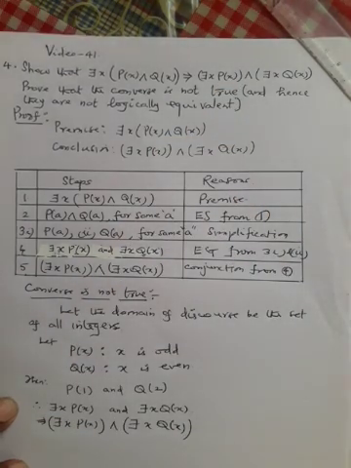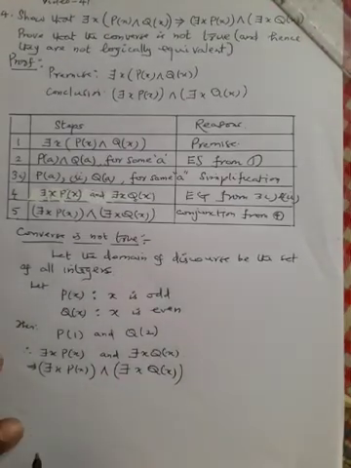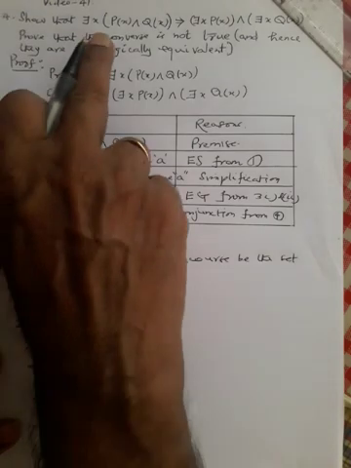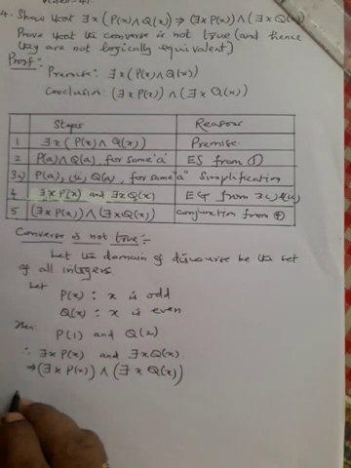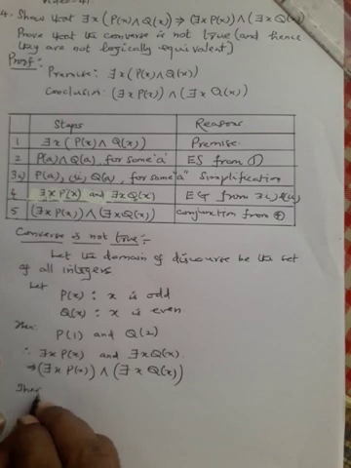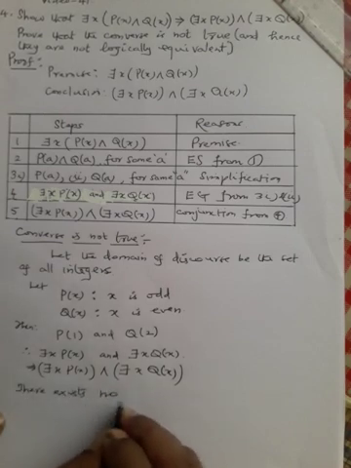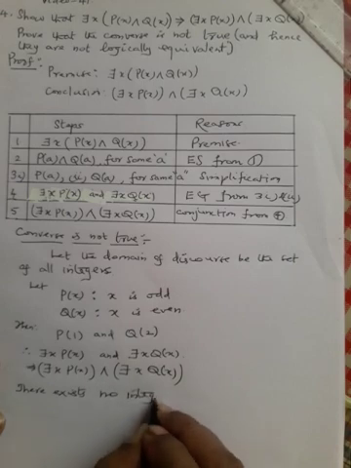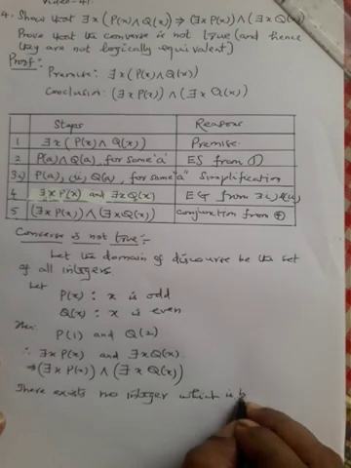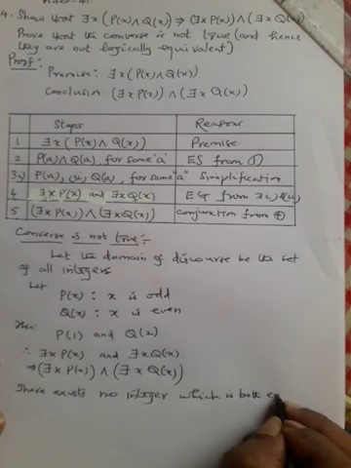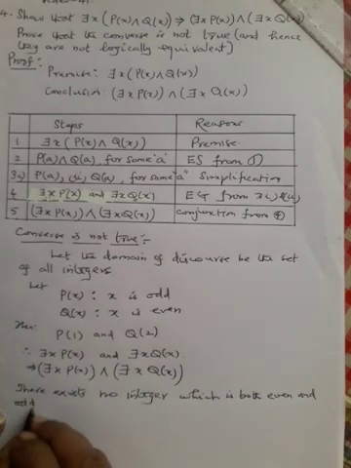Now what we need to prove is that the left hand side is not true. What about the left hand side? The left hand side says there exists a common x satisfying both conditions. There exists no integer which is both even and odd.